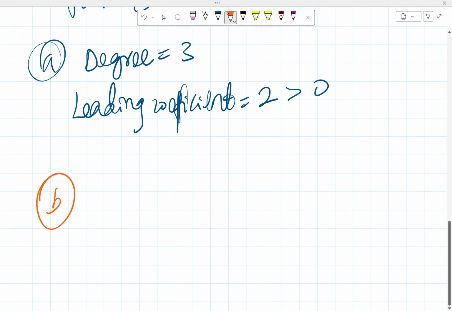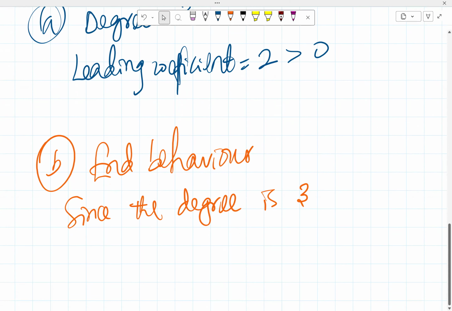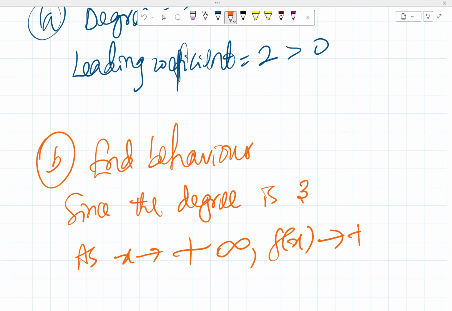So B, we need to describe the end behavior, right? End behavior tells you what happens at infinity. Now, because the degree is odd, since the degree is 3, as x approaches positive infinity, f of x also approaches positive infinity.